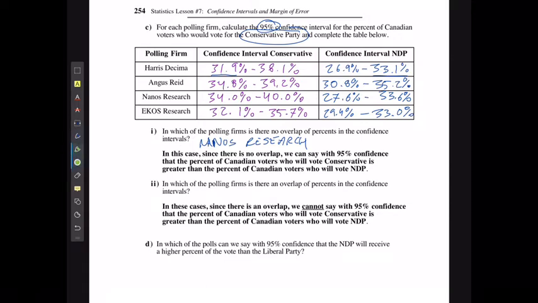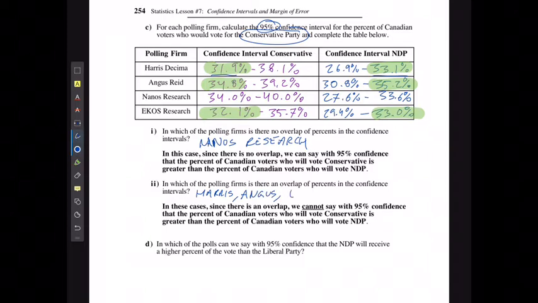And for the Ekos, it goes all the way down to 32.1. This one goes up to 33%. So there's obviously overlap in these three cases. In Harris, in Angus, and in Ekos.